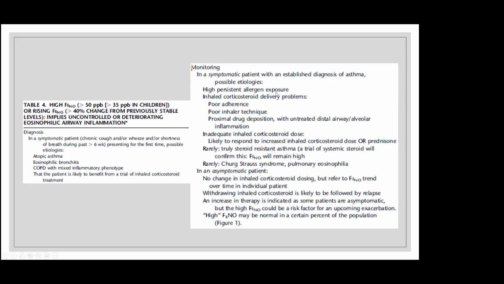Patients who are symptomatic and have a high FeNO with an established diagnosis of asthma, these possible etiologies could include a high persistent allergen exposure, problems with their inhaled corticosteroids like poor adherence, poor inhaler technique, proximal drug deposition. You always have to assess things like that.